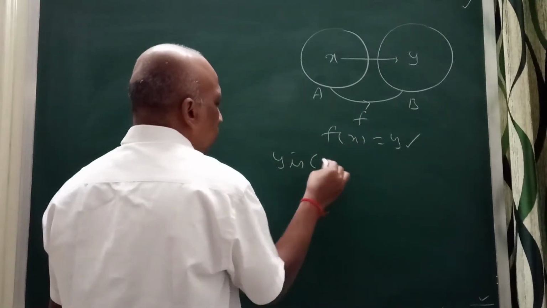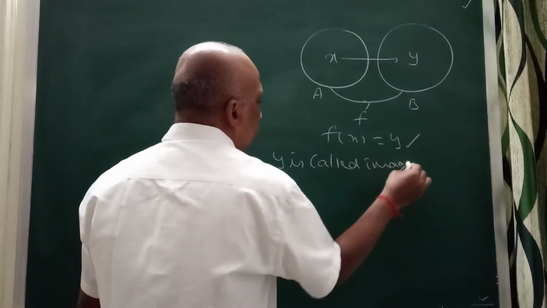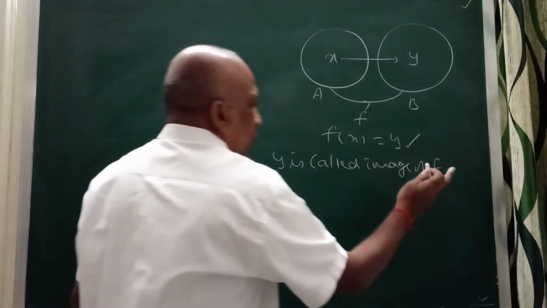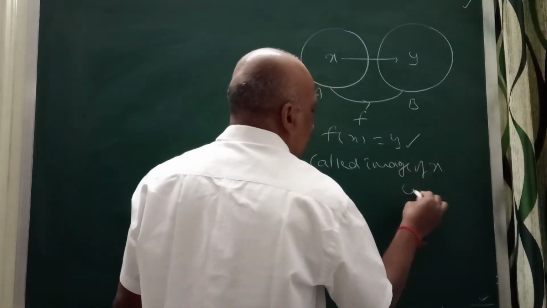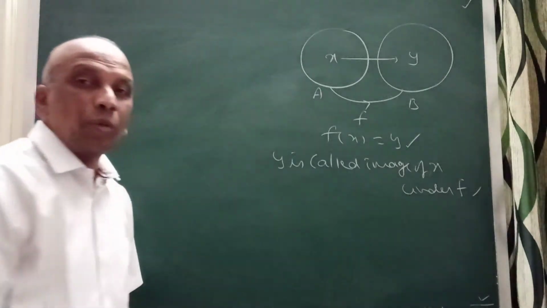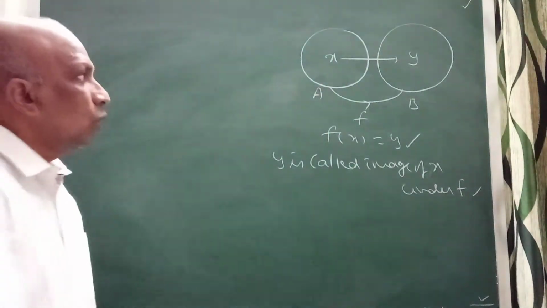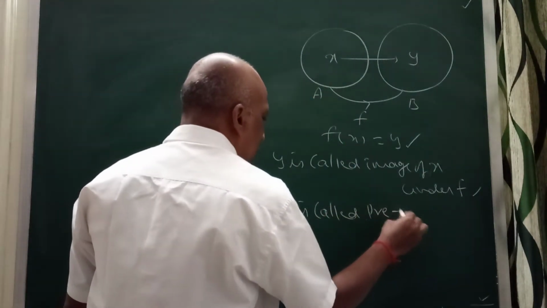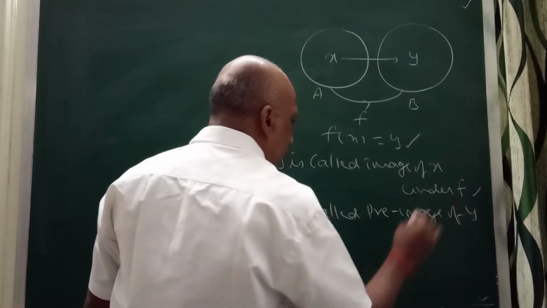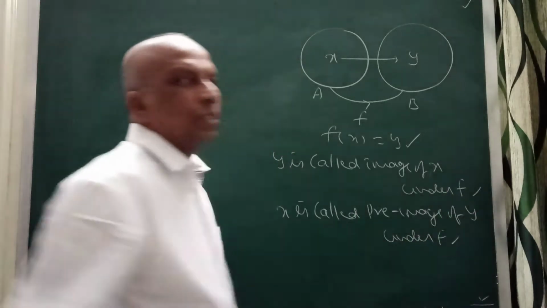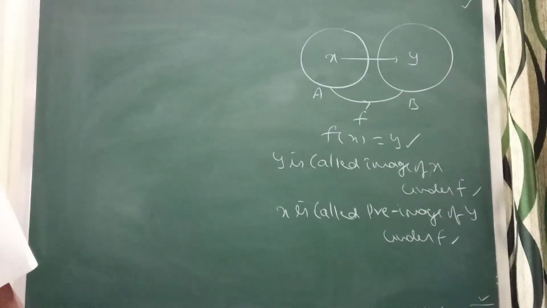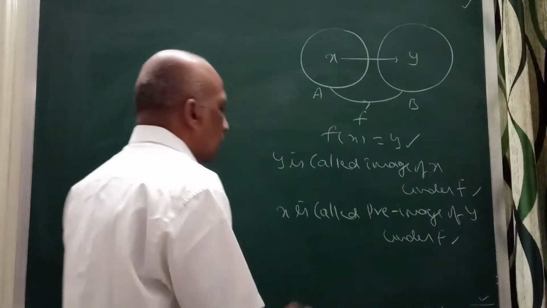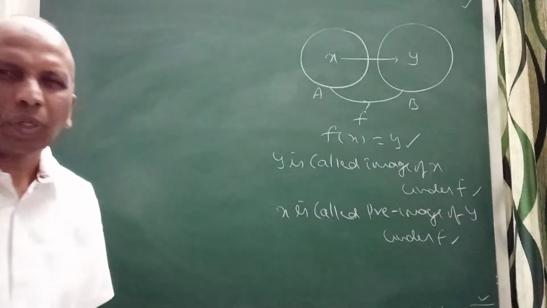So y is called the image of x under F. Reverse, x is called the pre-image of y under F. Image and pre-image, I can use both words here.